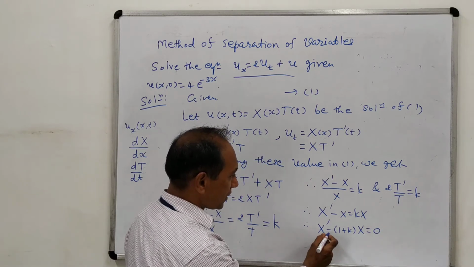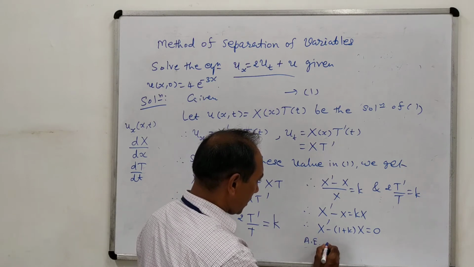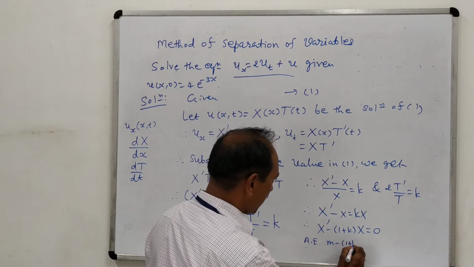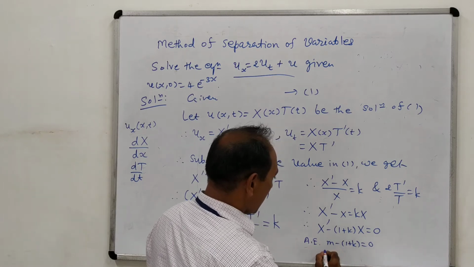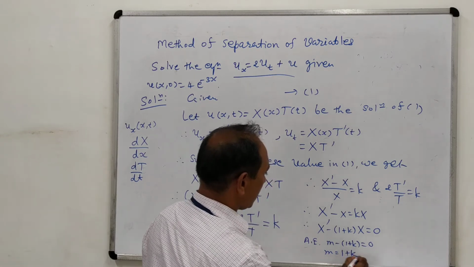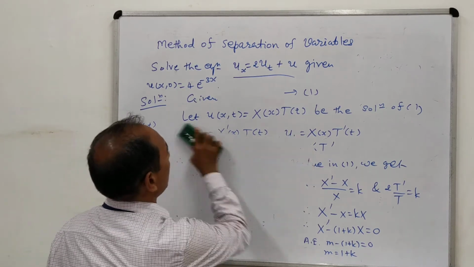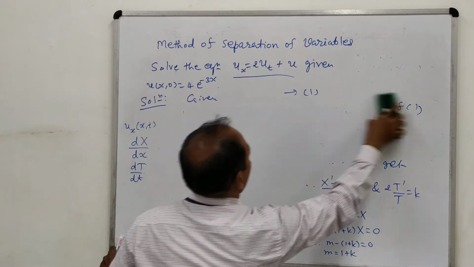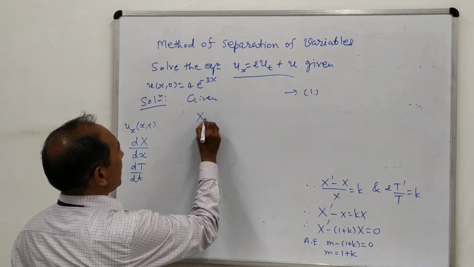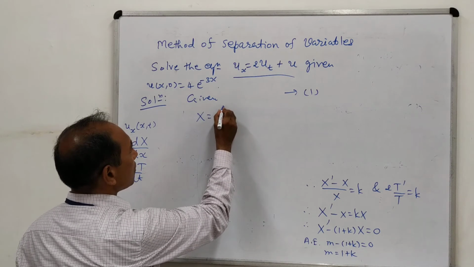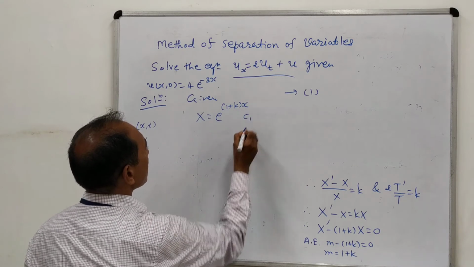So here capital X dash minus this one. So it has the auxiliary equation m minus 1 plus k equal to 0. This implies that we have m equal to 1 plus k. So we have the solution of capital X equal to e raised to 1 plus k into small x into some constant c1.